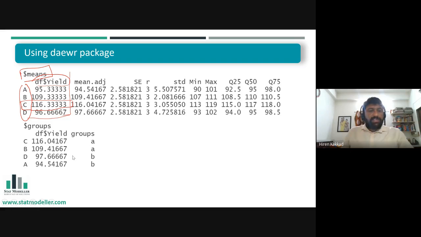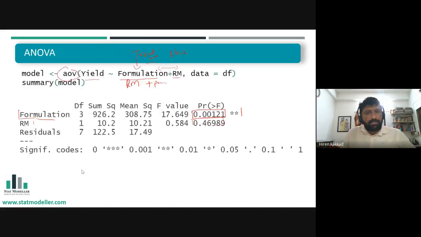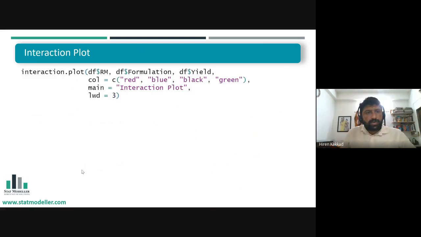Then what are the groups it is making? That is also taken from the earlier analysis, because here we have used this package, so it shows in its designed pattern. B and C make one group, and D and A make another group. Now quickly let me go to the box plot.